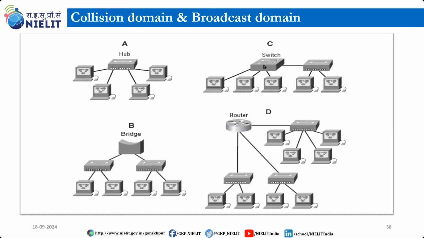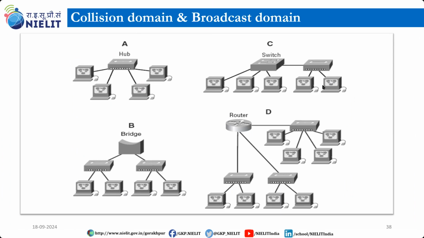Coming to C, it is a switch. It is the symbol of a switch. The switch is connected to 3 PCs and further it is connected to a hub. The hub is further connected to 2 PCs. So what will happen if any of the PCs sends a broadcast message? It will be propagated everywhere, because the switch also propagates the broadcast message and the hub always propagates the broadcast message.